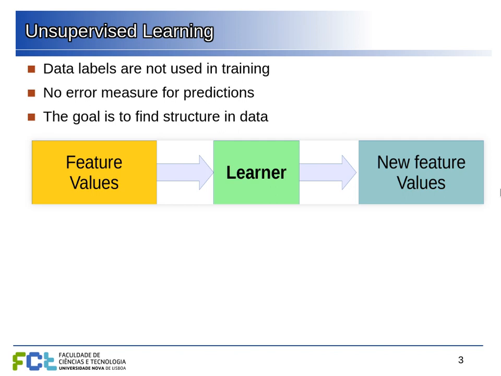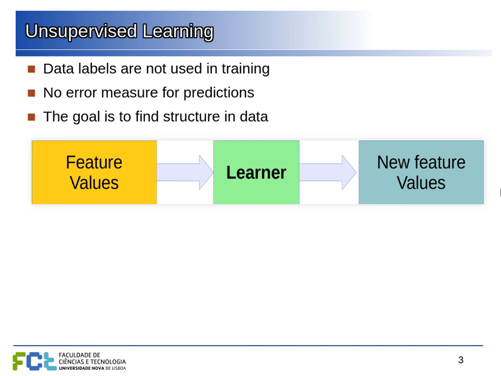So instead of doing that, what we have is a learning system that is trying to find new values, new ways of describing the data. So we don't have this error measure or this trying to adjust parameters to predict something, but we want to transform the features that we have in a way that is more informative.